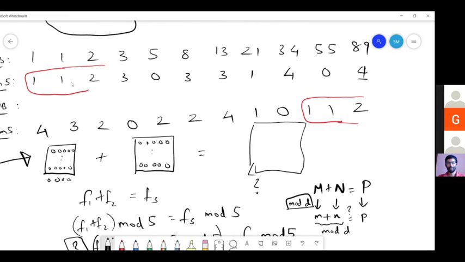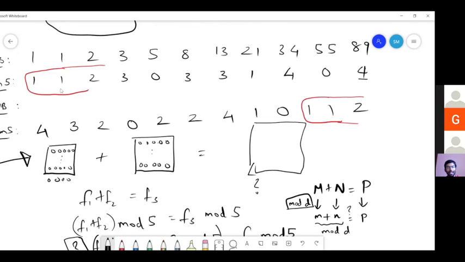I think it is an alternate series, which looks like Fibonacci. Because here 1 plus 1 equal to 2, 2 plus 1 is 3, but 3 plus 2 is not equal to 5. But in the realm of mod 5, this is indeed a Fibonacci sequence if you have this addition mod 5.